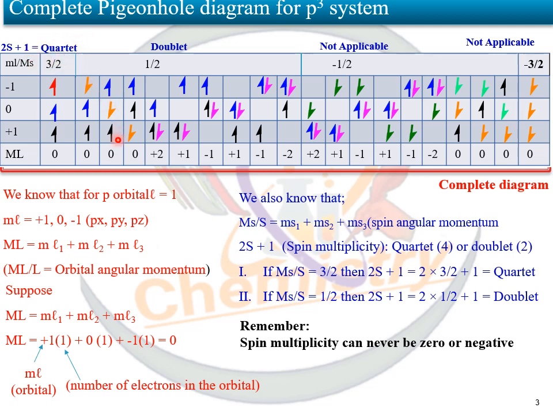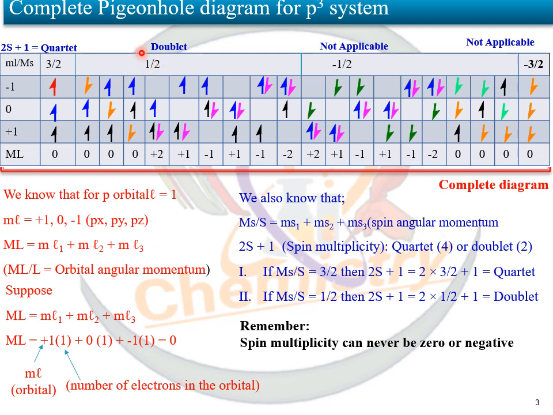For this very system, you know that the ml value is plus 1, plus 1, 0 and minus 1, 0. Now the ms value will be equal to 1 over 2 plus 1 over 2 minus 1 over 2.